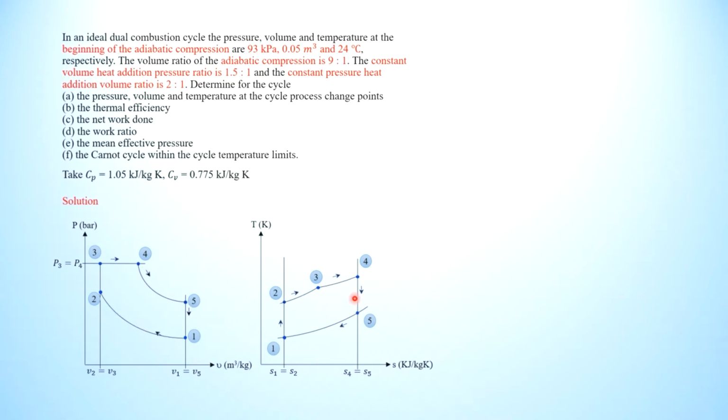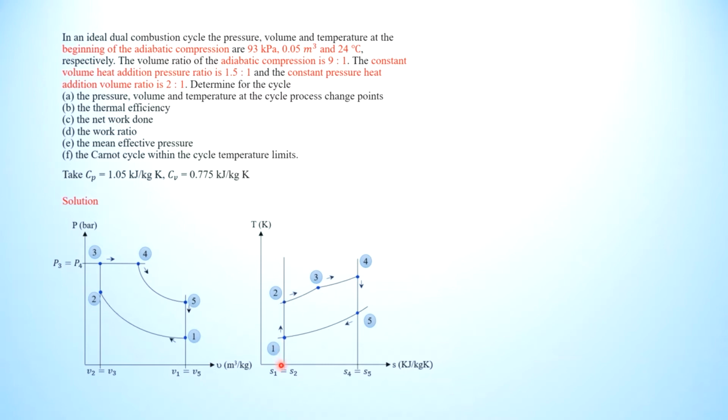You can see on your TS diagram, these two are the isentropic processes, 1 to 2 and 4 to 5. So that means there shouldn't be any heat flow from 1 to 2 and 4 to 5. Then 2 to 3 is a constant volume process.